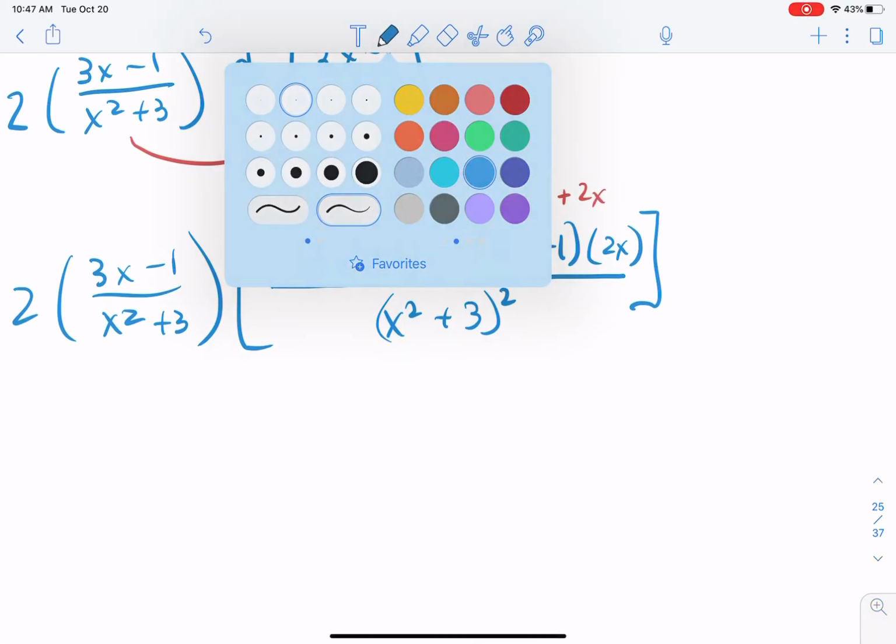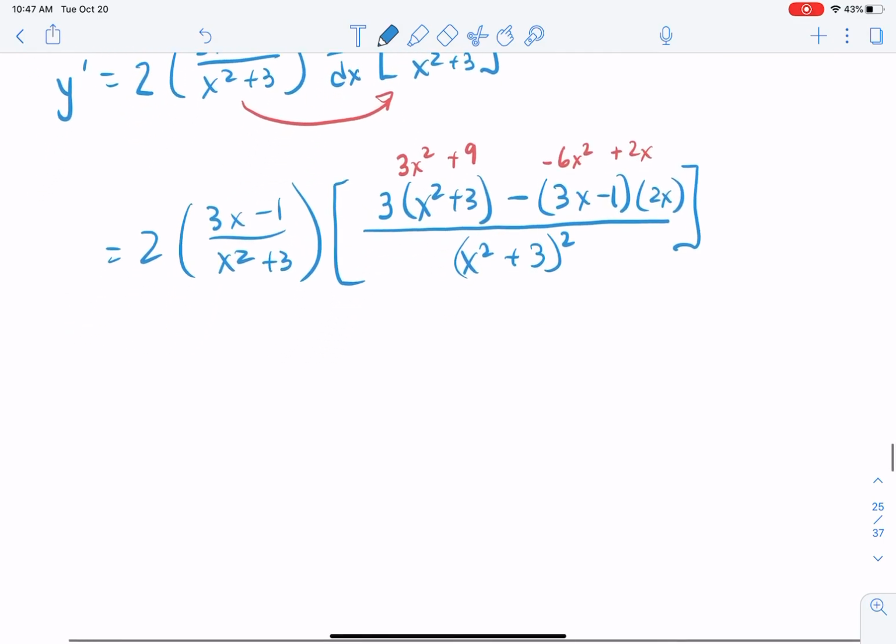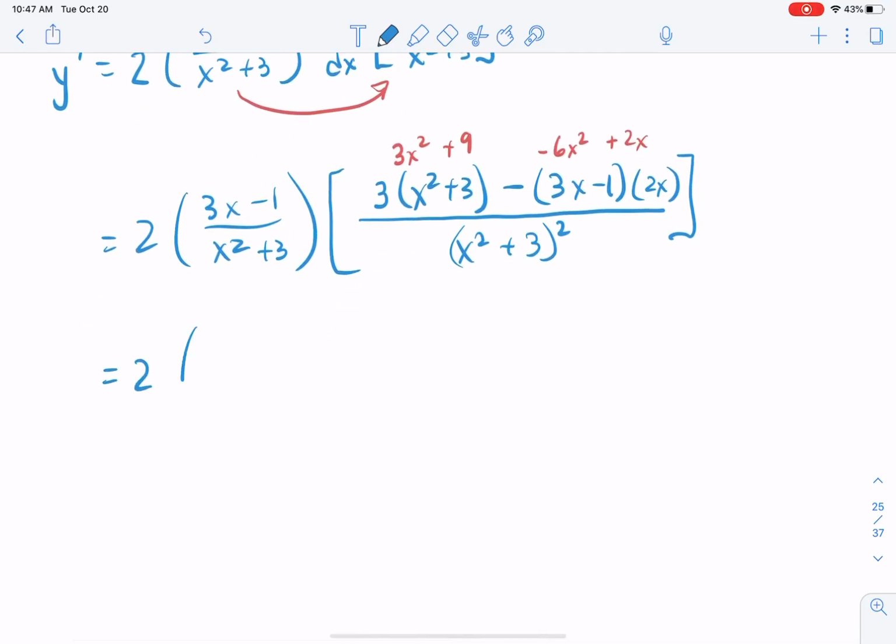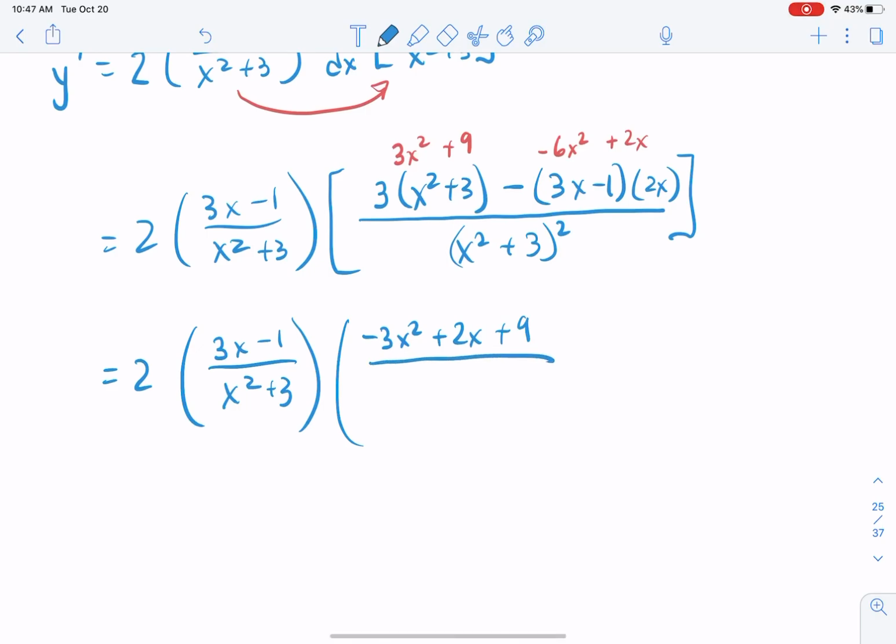All right, this front stuff, not really affected. I'm going to keep it as it is. Okay, and then in this next set of parentheses, combining my x squareds, it looks like I got a negative 3x squared, and then a positive 2x, and then a positive 9. That's fine. X squared plus 3 quantity squared.